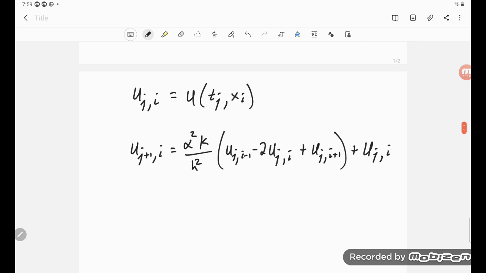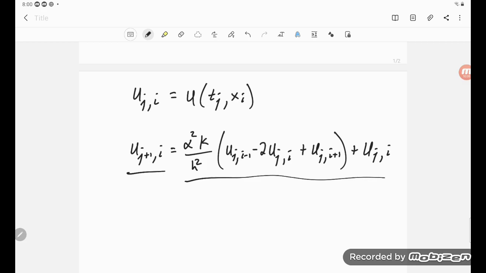Okay, and again, at time j, so if I start out at time 0, t0, I know everything on this right-hand side. And so I can tell you that value at the next time step.